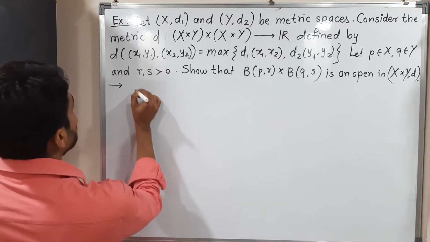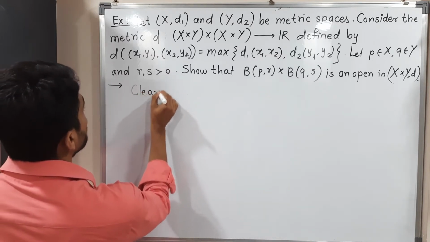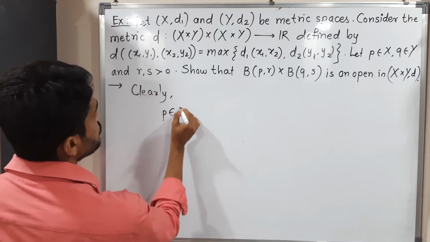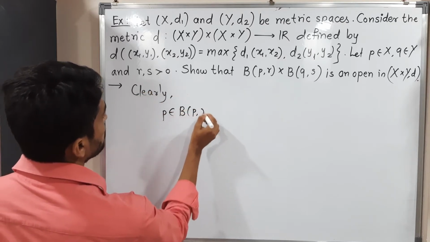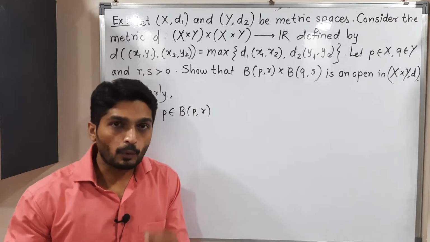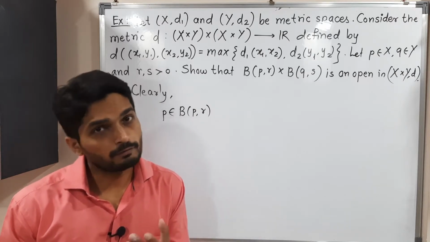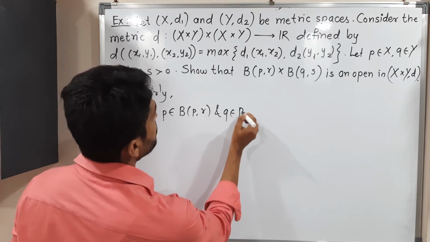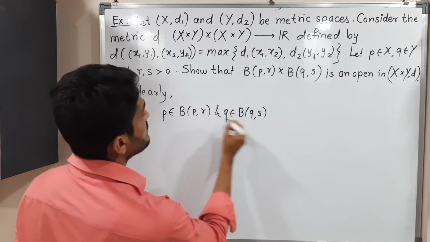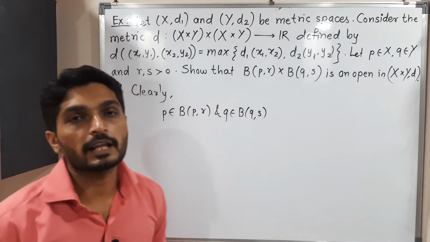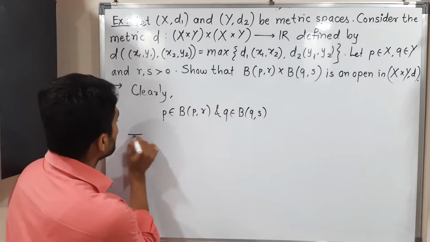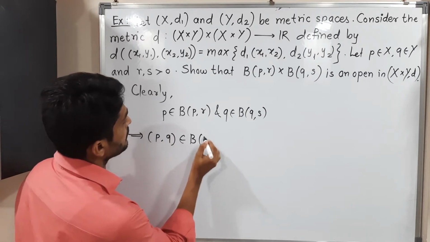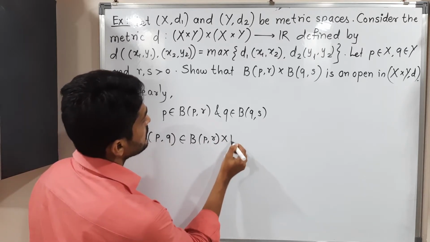See, clearly P belongs to B(P,R). That point which is the center of the ball obviously lies in the ball, and Q belongs to B(Q,S). Again, it is the center of that ball, so obviously it will lie in the ball. This implies (P,Q) is an element of B(P,R) cross B(Q,S).